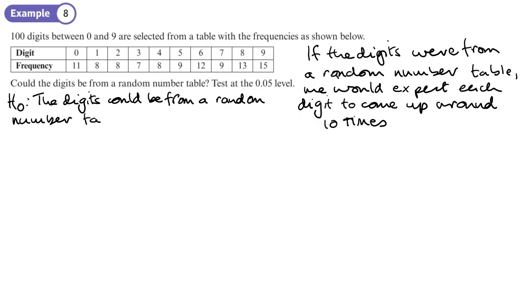In other words, the data fits a discrete uniform distribution. And H1: the digits are not from a random number table.